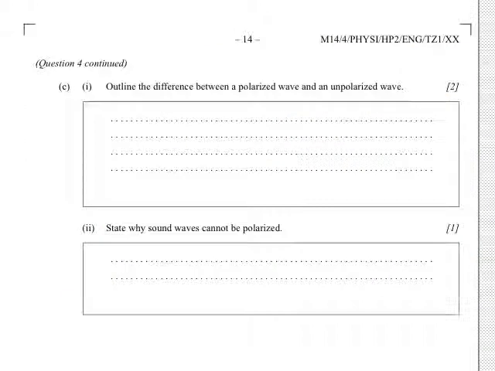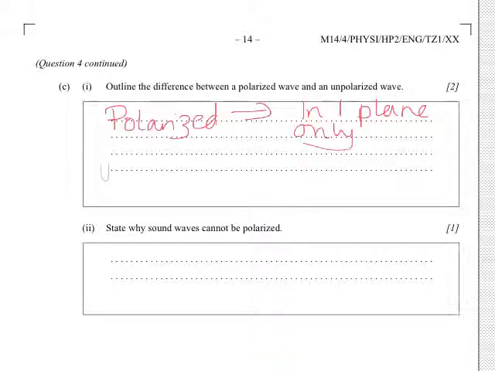Okay, next question about polarization. What is our definition of polarization? Well, polarized oscillations are in one plane only. And unpolarized, the oscillations are in all directions.